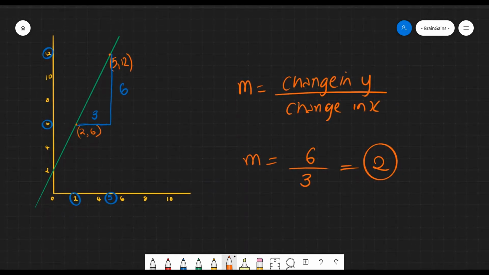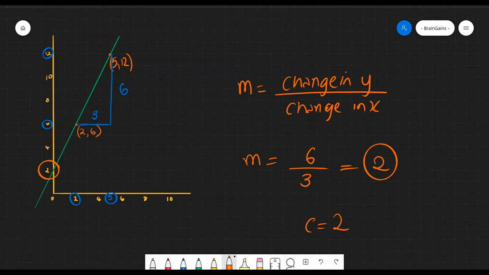As we said earlier, we need our gradient and a coordinate to be able to find our y-intercept. However, in this case, because we have our graph, we can simply read the y-coordinate by looking at where the line crosses the y-axis. In this case, the line crosses the y-axis at the point when y is equal to 2. So c is equal to 2.